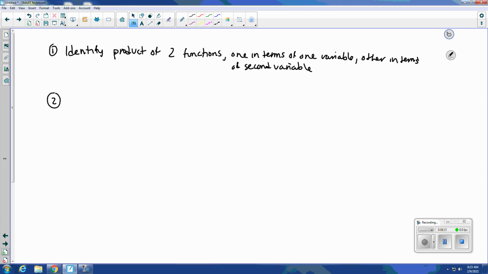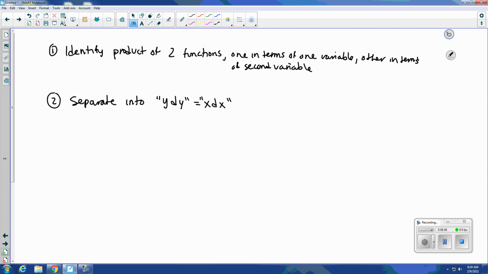Then, once you've identified that you're dealing with a separable differential equation, we want to separate variables. So y's with dy, x's with dx. So it's going to be obviously more complicated than that, but just get your y's and dy's on one side, x's and dx's on the other.